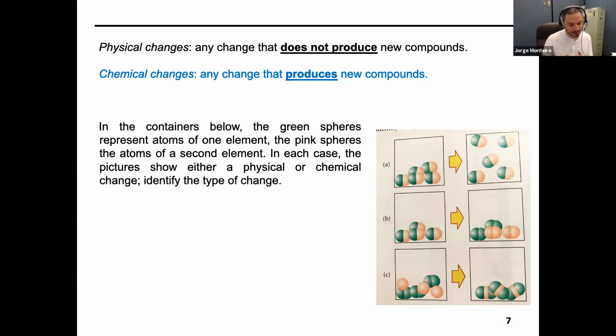Again, it's the same idea. Physical change is any change that does not produce new compounds. And chemical change is any change that produces new compounds. Always, always, always look at the whole system in the beginning and the whole system in the end, compare both, and then you are going to be able to classify physical change or a chemical change.